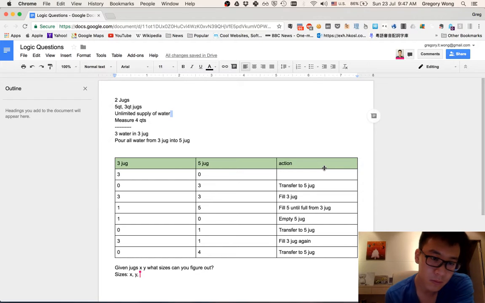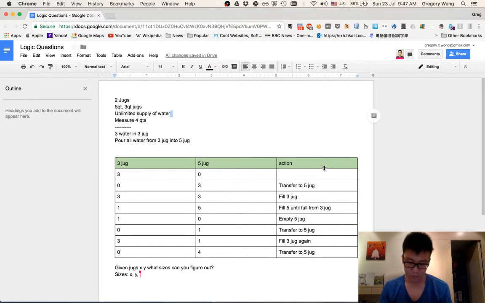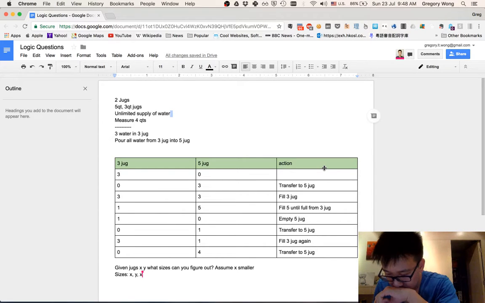When the 3 transferred to the 5, assume X is smaller in this case. What we did here was we used the difference between 3 and 5, subtracted from the 3.